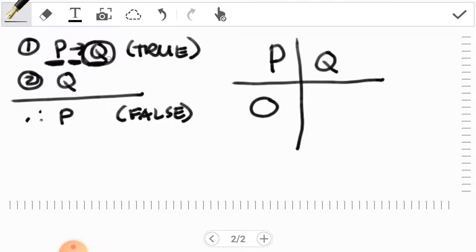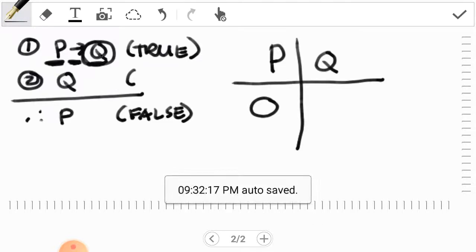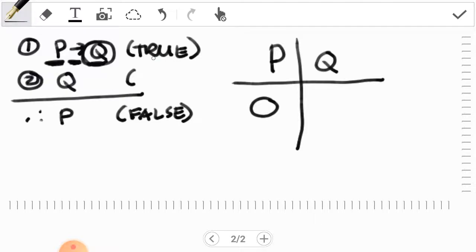Remember, if we have a conditional statement and the if clause is false, the entire proposition is automatically true. So this first premise is true if P is false. Since Q can have any value in the first premise, whether true or false, the entire premise will be true since P is false.